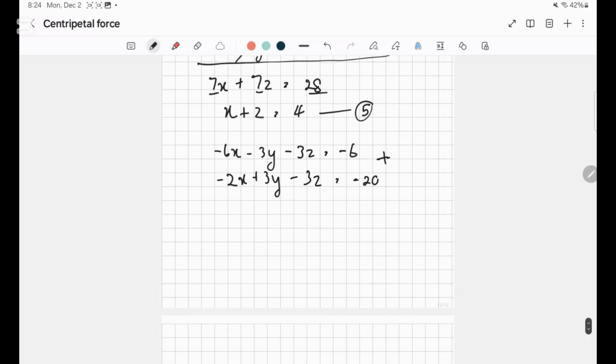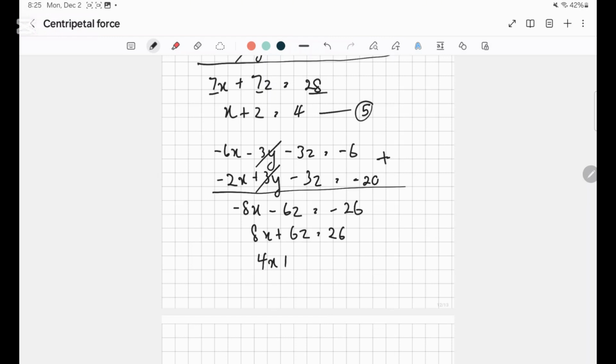When you add these two, you get minus 8x, these two cancel off, minus 6z equals minus 26. You can see 2 is common and minus is in every term, so you can write 8x plus 6z equals 26. Then divide every term by 2, so it simplifies: 4x plus 3z equals 13.